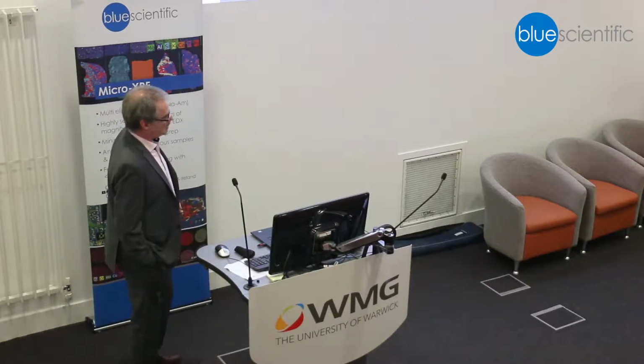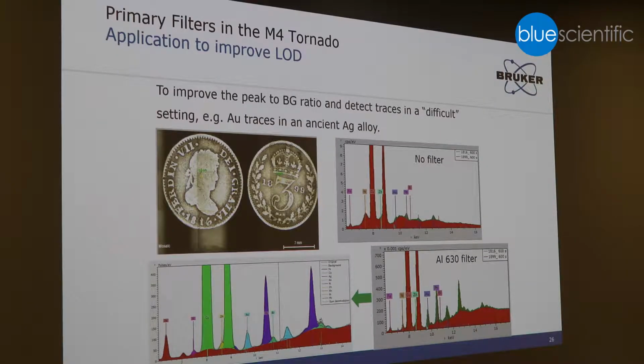Another reason why you use primary filters is that you may want to improve the limit of detection. Here is an example. These are 2 coins. One is from 1899 and the other one is from 1816. And they are plated with silver.